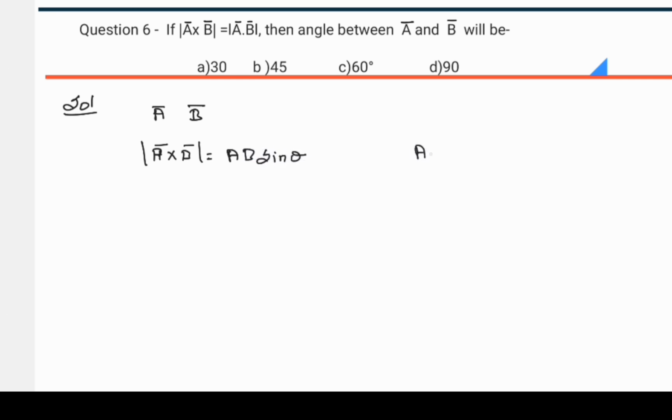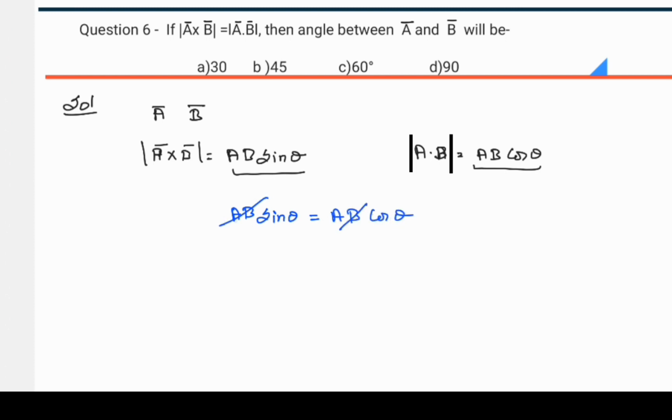And the dot product magnitude will be equal to ab cos theta. It is given the magnitudes of dot product and cross product are the same. So equate them. ab sin theta is equal to ab cos theta.